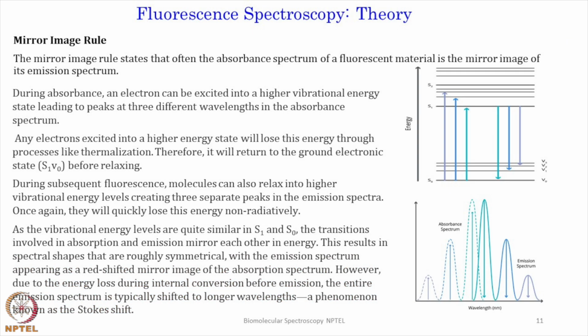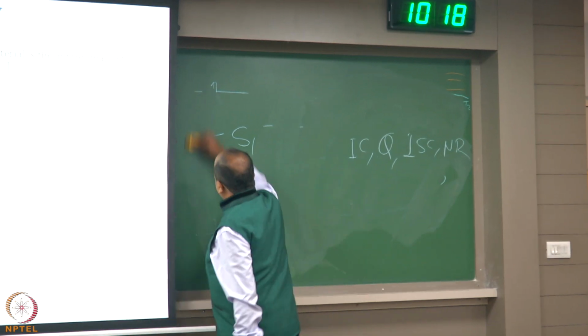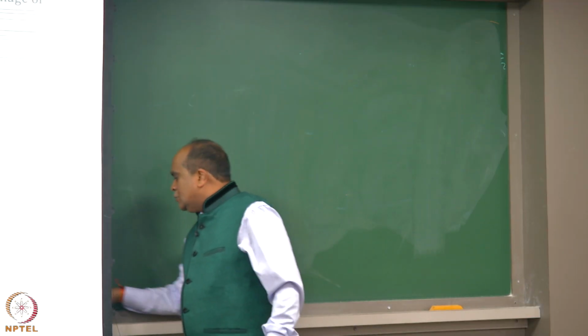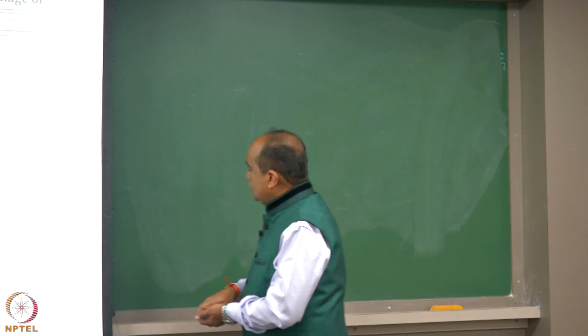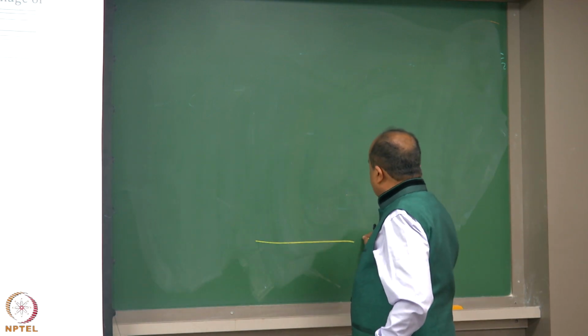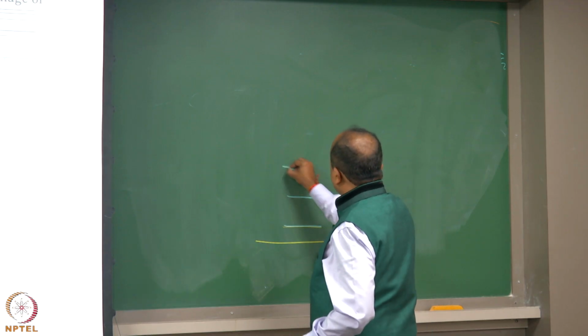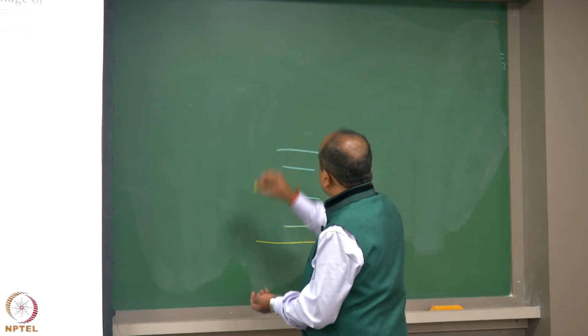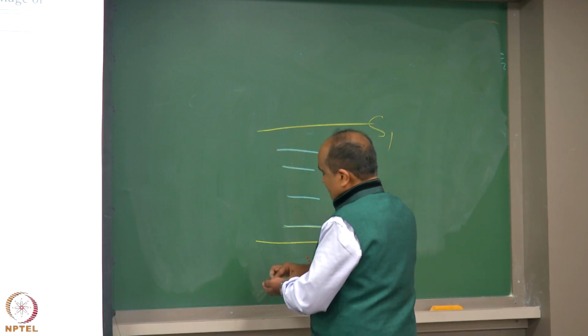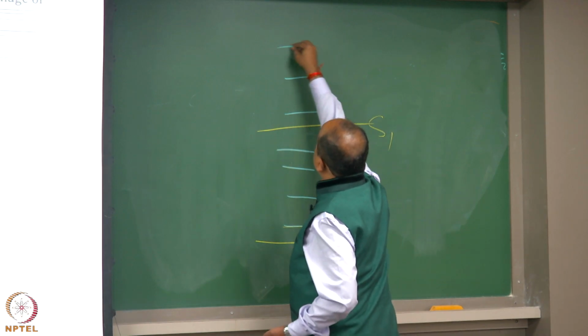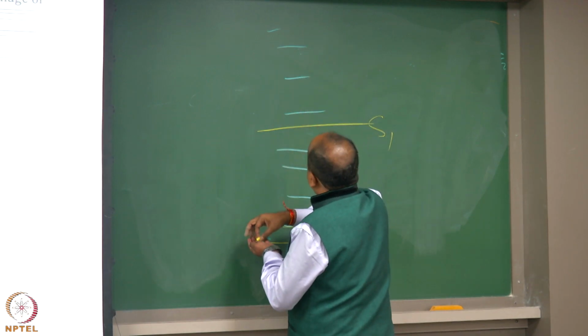Now, another important point, which I will explain again by going to the board, is called the mirror rule. Let me explain what the mirror rule is. It is given here, but let me go slowly. Remember, in excitation, what are we doing? We are starting with S0, which has various vibrational states. Let us leave rotational states aside. We go to S1 and S2.